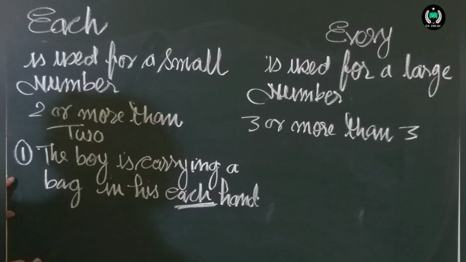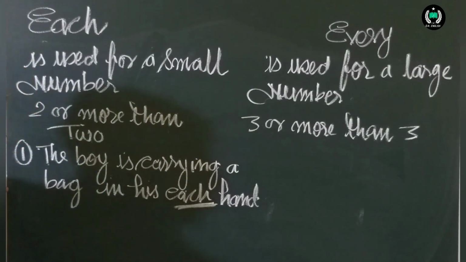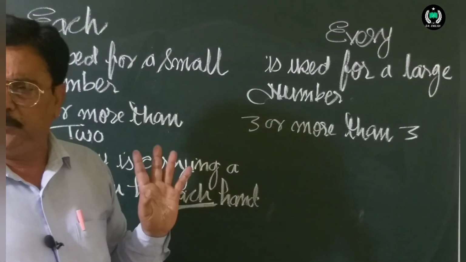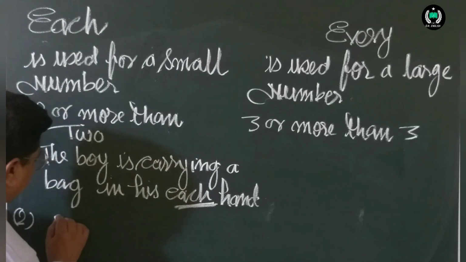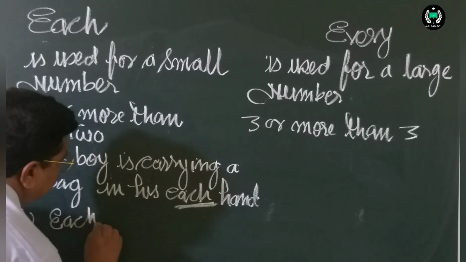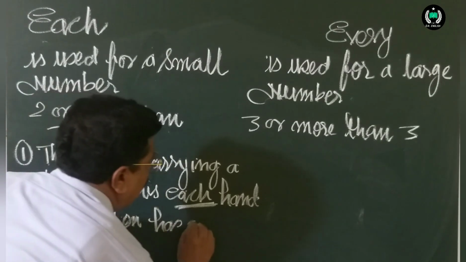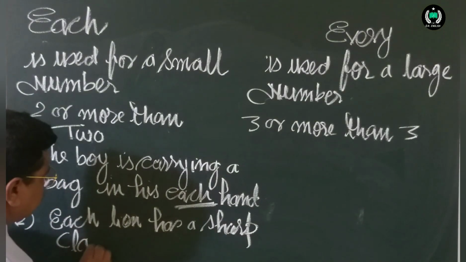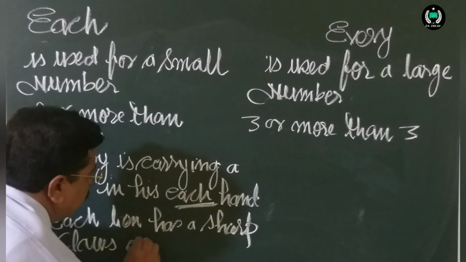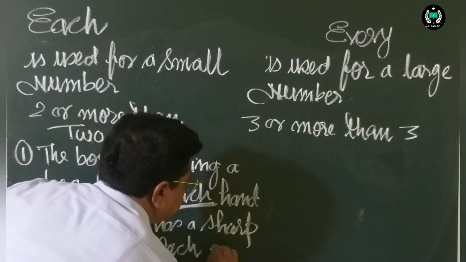The boy is carrying a bag in each hand. There are two hands. So yes. One more example, here you will not get confused. You know there are two things, so each will go. Second example: Each lion has sharp claws on each foot.